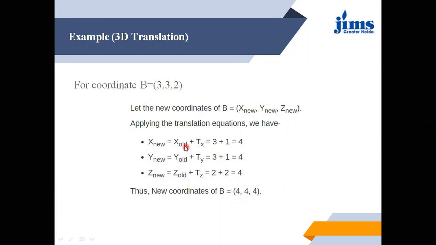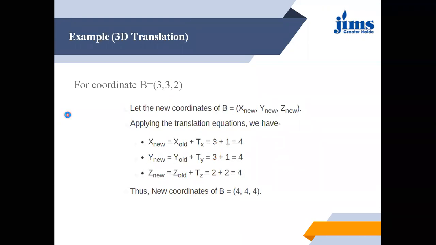We are performing the same: these are the original coordinates 3, 3, 2, and the translation is 1 in the x direction, 1 in the y direction, and 2 in the z direction. So 3 plus 1 is 4, 3 plus 1 is 4, and 2 plus 2 is 4. So the new coordinate of B is 4, 4, 4.